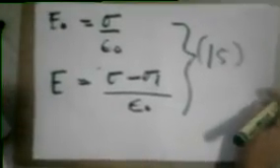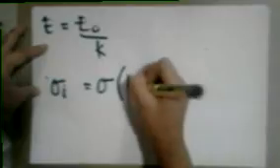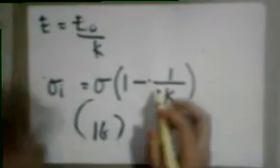Using this expression in equation 14 and rearranging the result, equation 14 we have E equals E naught over K. So rearranging that with equation 15, we find sigma I equals sigma times 1 minus 1 over K. Now this is the induced surface charge density, and we can denote this as our equation 16.